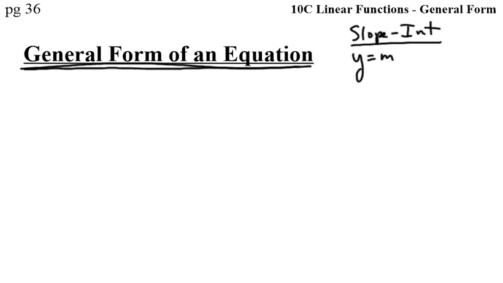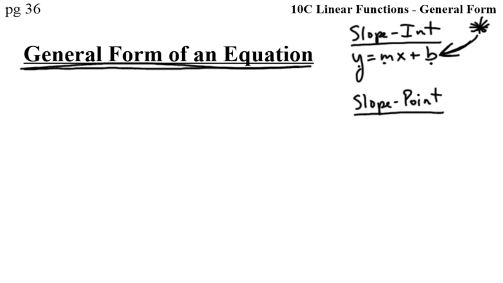Now, quick review. We had the slope-intercept form of an equation. This is probably the most essential one to know, being able to isolate the y so you can get slope and y-intercept. Easy to work with. This is the most important form. Putting any equation into this form gives you great information. The second one we looked at was point-slope form.